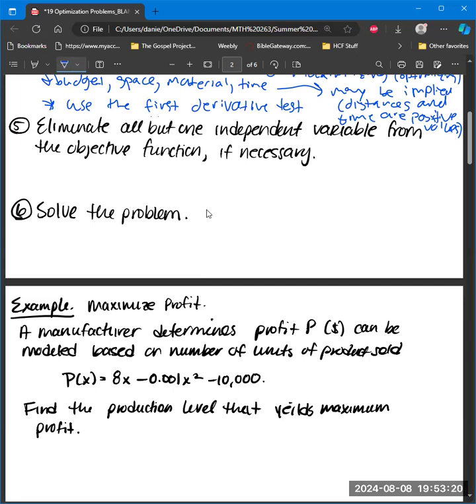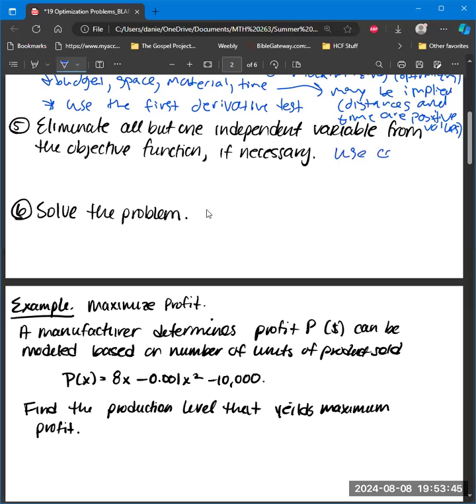So solve your objective function by using your constraints. Rewrite your objective function so that it's a function of only one variable, and then differentiate with respect to that variable.